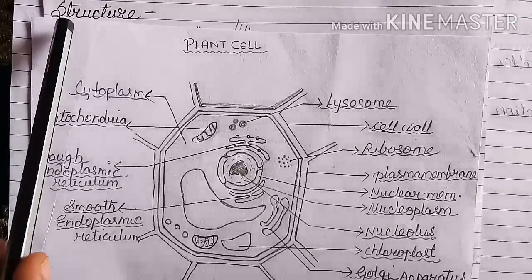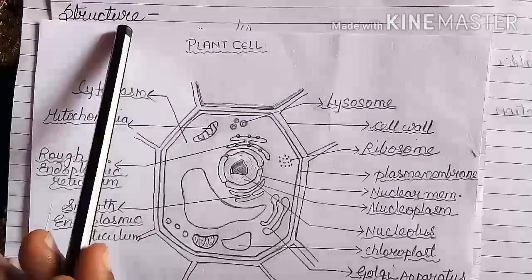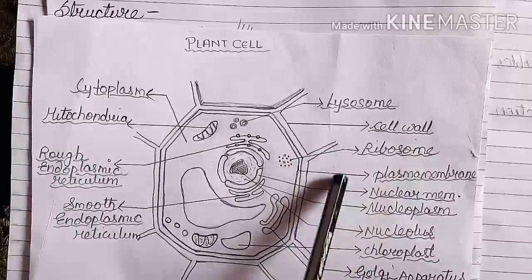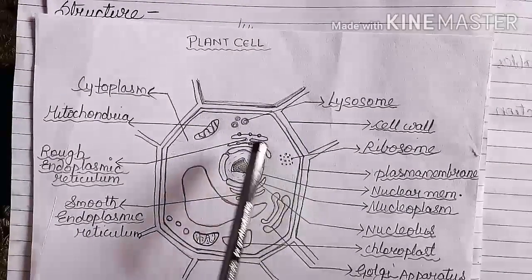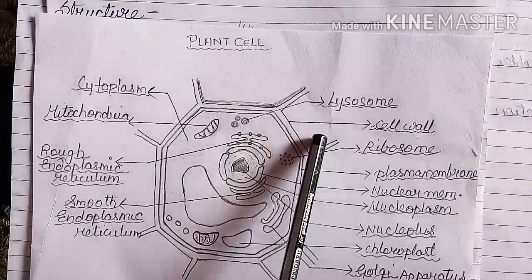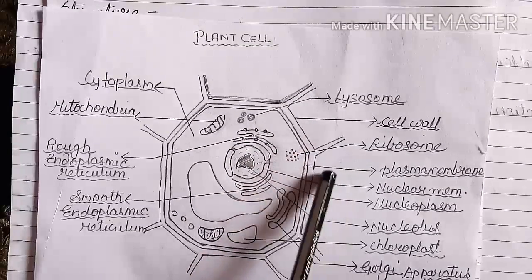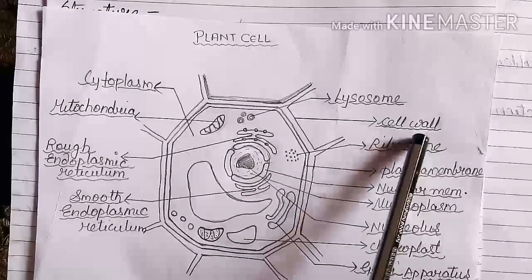Now, the structure of cell wall, how cell wall looks like. As I have already told you, cell wall is the outer covering of the plant cell. This is the basic diagram of a plant cell which has the outermost covering, and this is known as cell wall.